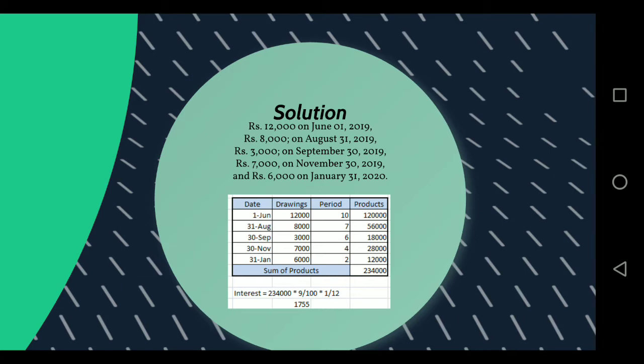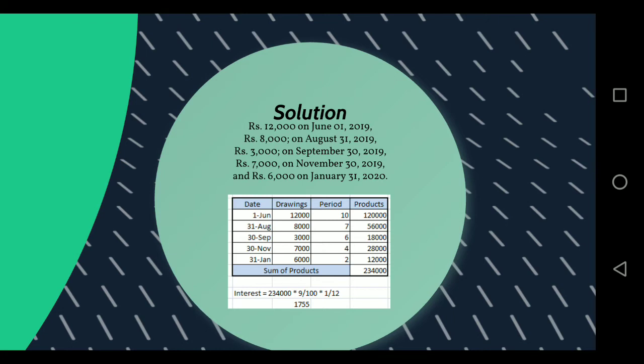Now for each of the drawings, we have to calculate the period from the date of drawings till end of the year. And as we are following financial year, so we have to calculate till 31st March. So his first drawing is on June 1. So we have to include June to March 31.